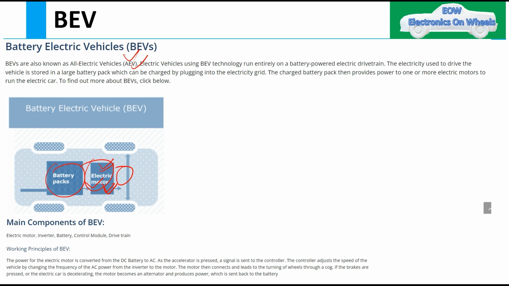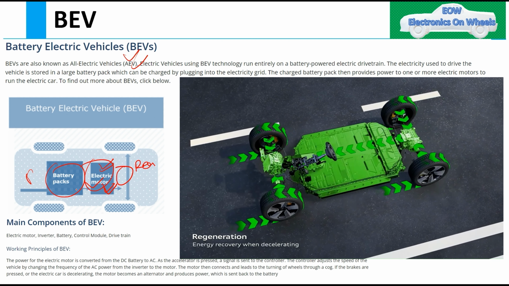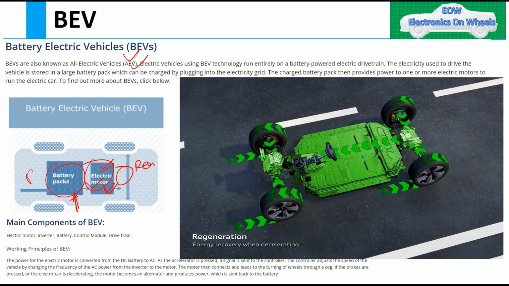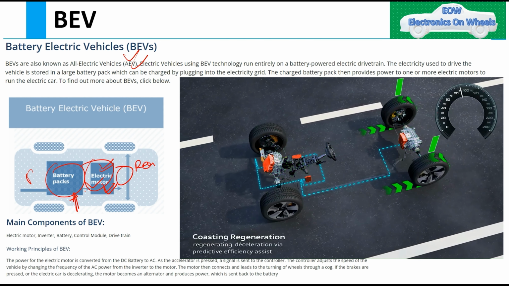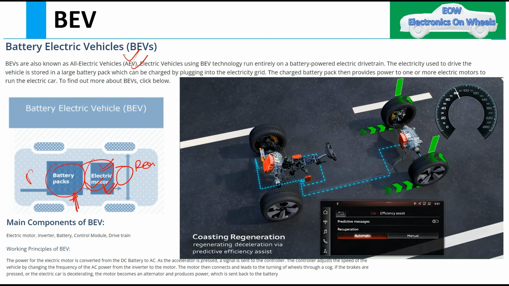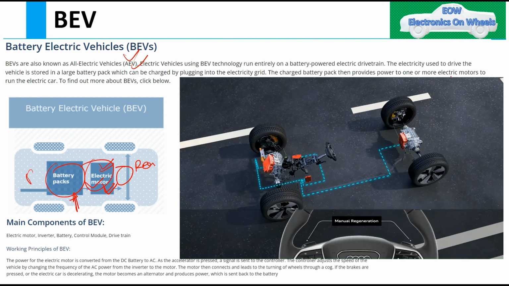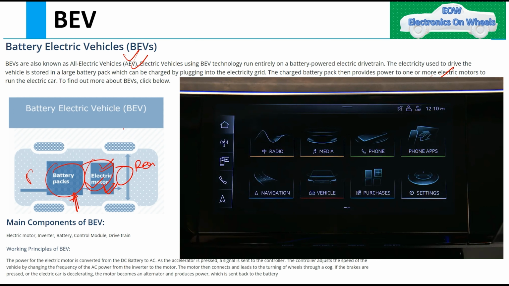Sometimes you will have two electric motors, one on the front and one on the rear, but sometimes you will have only one electric motor on either the rear side or the front side. All the energy will be stored in the battery pack, and you can charge your battery through the electric power grid. The charged battery pack then provides power to one or more electric motors, which I have already told you. So this is the architecture of your BEV.